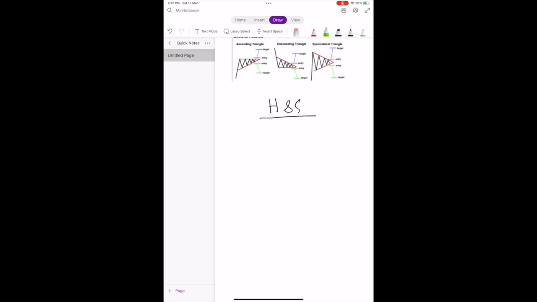Now say the market is going up, it comes down at a certain point, then again we go up, breaking the previous high, we start coming down, and again we go up but we make a lower high, and then the market starts slipping. So whenever you see a chart pattern like this, we can have the neckline here. This will be the neckline connecting all these points.